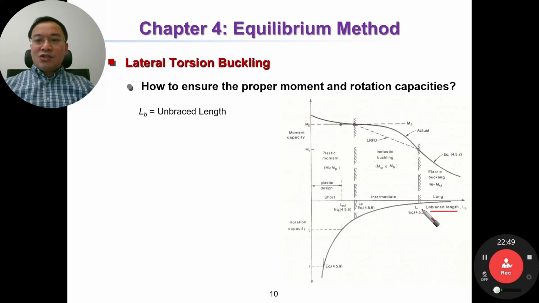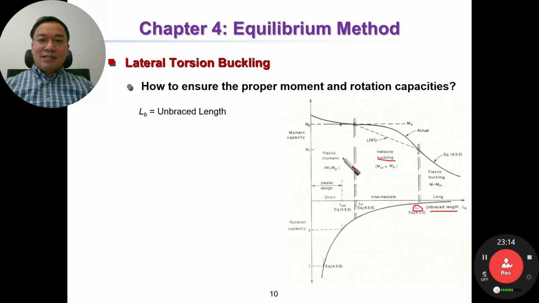If the length is greater than LR, then it is elastic buckling. If the unbraced length is between LP and LR, then it is inelastic buckling. If the length is smaller than LP, then we get the plastic moment.